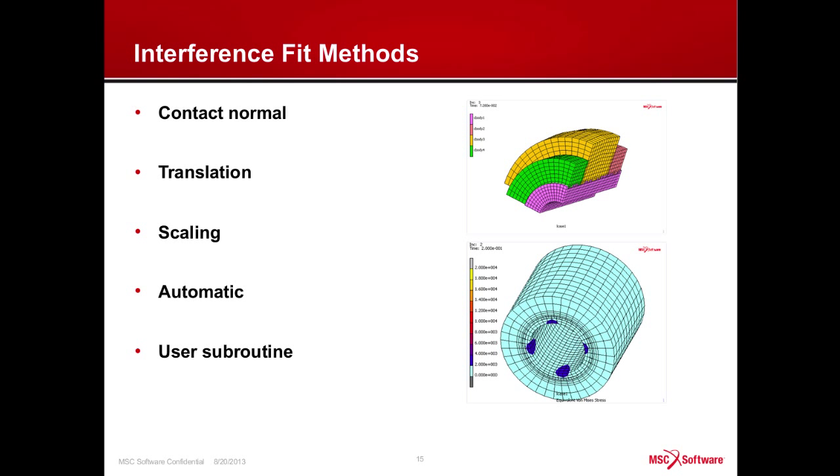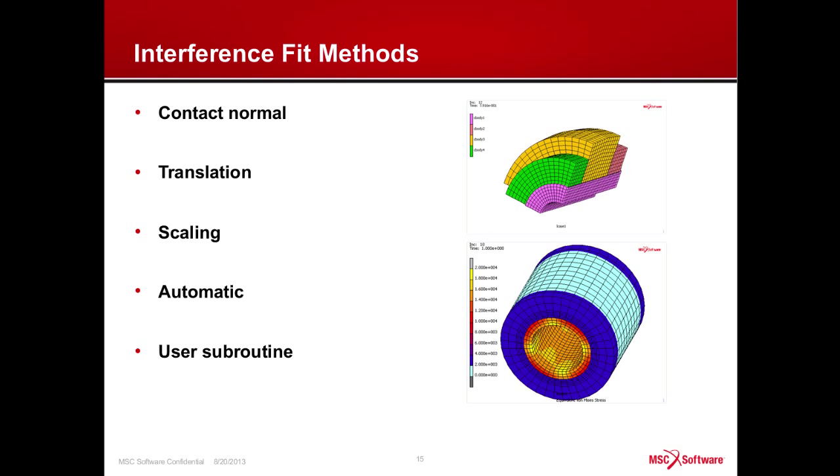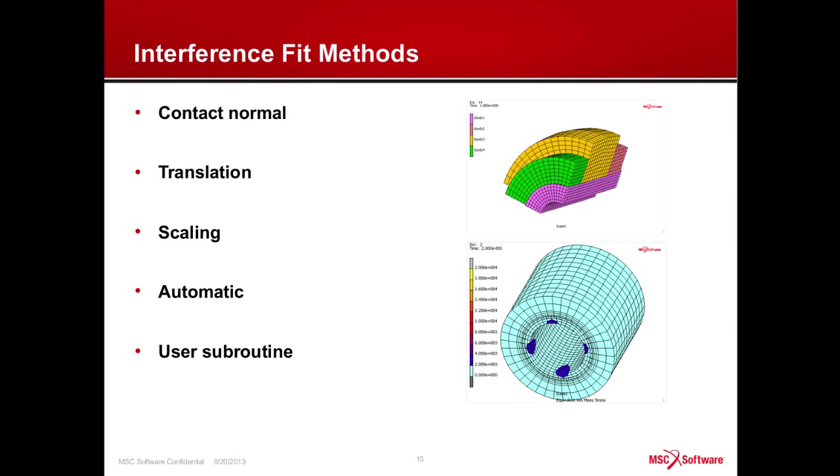The other methods are much more general and allow for larger amounts of overlap between the contact bodies. In all of these, the general scheme is to specify an initial pseudo movement of one of the overlapping bodies such that the overlap gets removed.